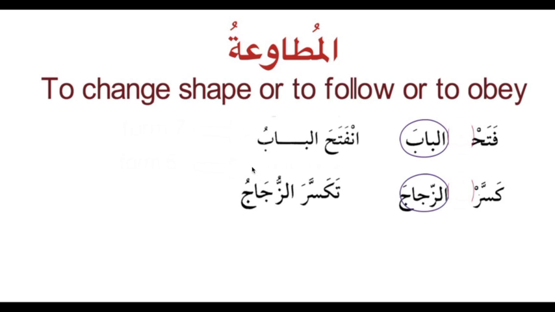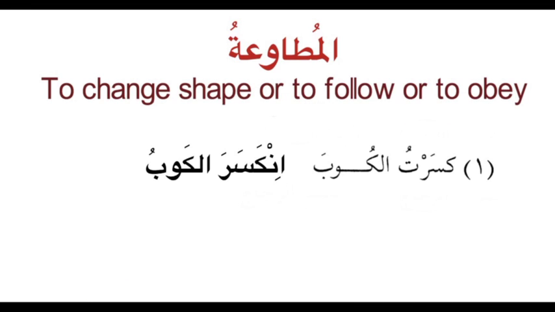So az-zujaju becomes your fa'il. So the glass smashed. So who smashed? We don't know. So this is one of the characteristics of form 7, and form 1 can be changed into form 7. We need to remember, and form 2 can be changed into form 5, and the meaning is changed into a passive meaning.